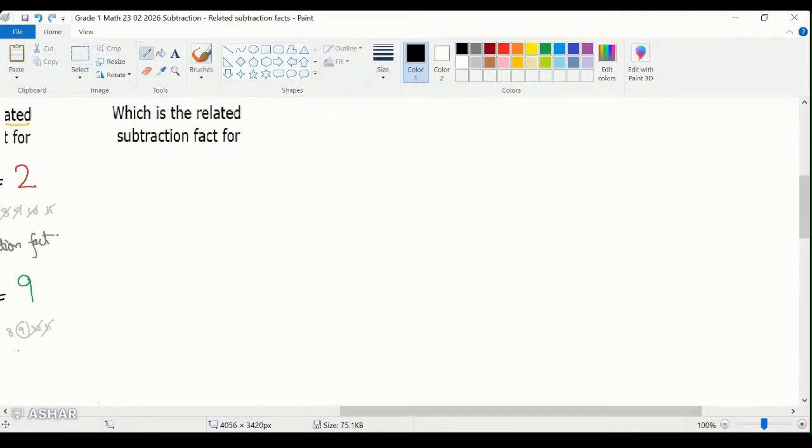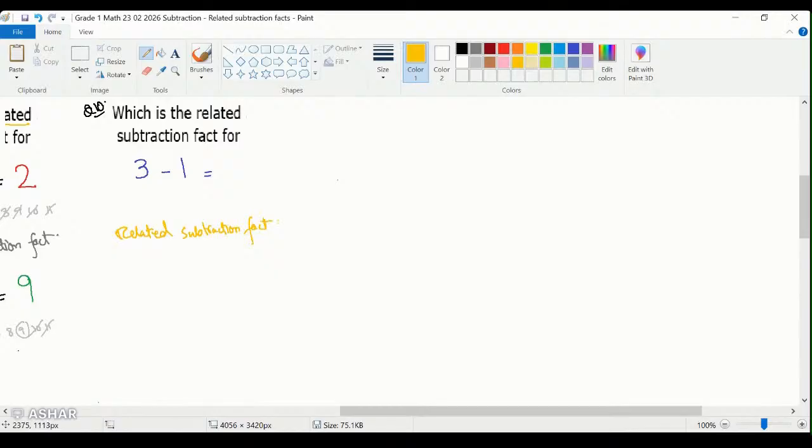In question number 10, it says, which is related subtraction fact for 3 minus 1? If the given question was 3 minus 1, and we had to find the related subtraction fact.